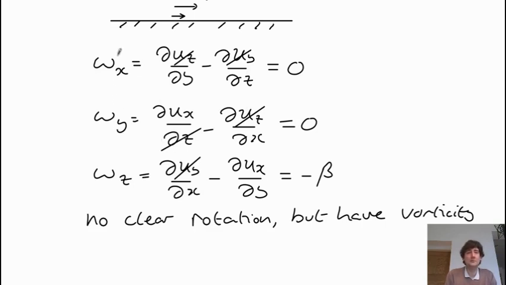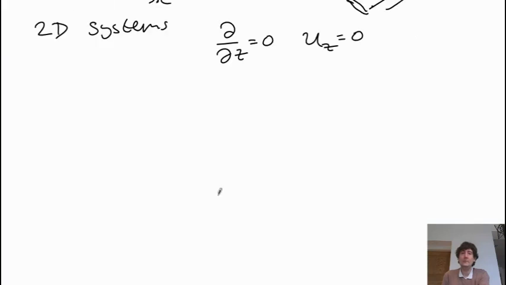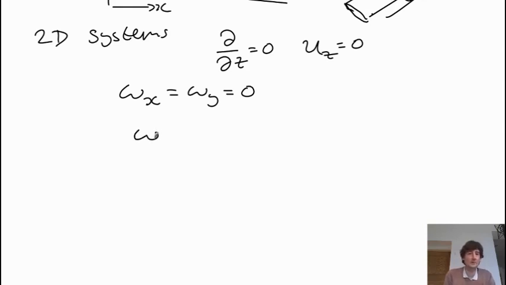So all these components of the vorticity go to 0, and the only one that's left is the z component. And so omega only has a z component. So in 2D systems, omega x and omega y are 0, and so omega is just omega z, in the z direction, so unit vector in z.